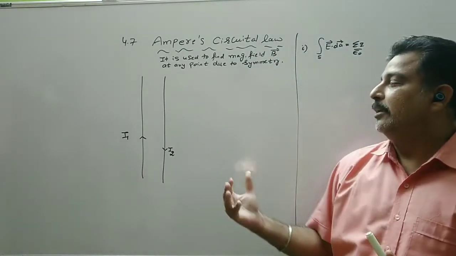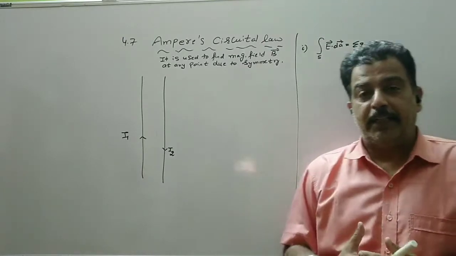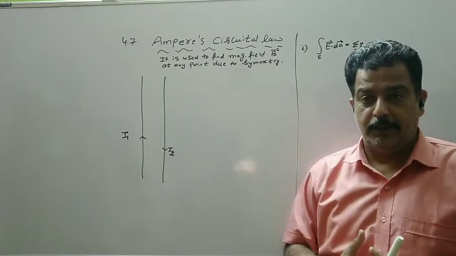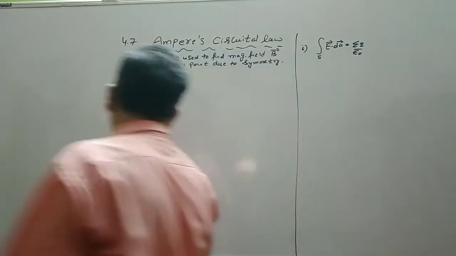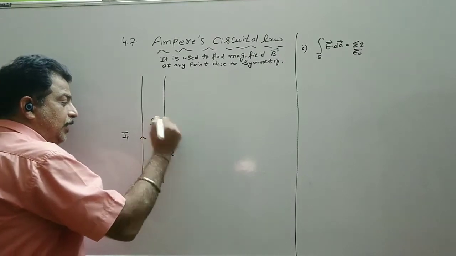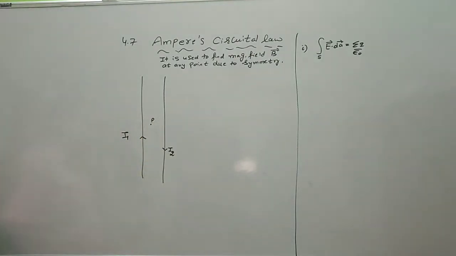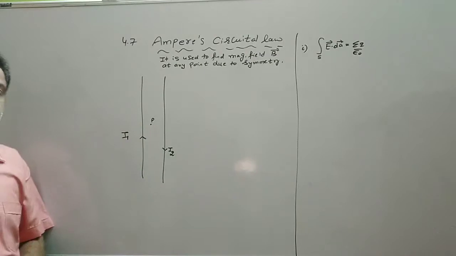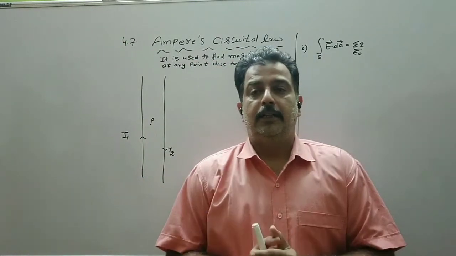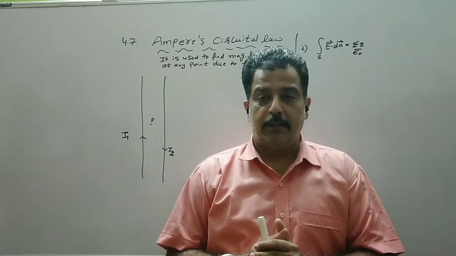But let us see how to find out the magnetic field intensity if we have two wires. Now suppose the question is to find out the magnetic field intensity at point P. Clearly the point is between the two wires.